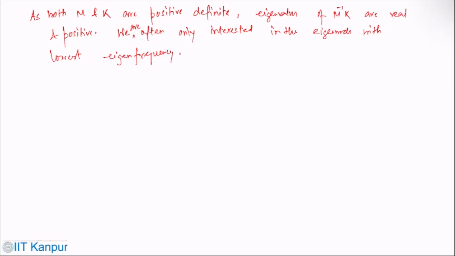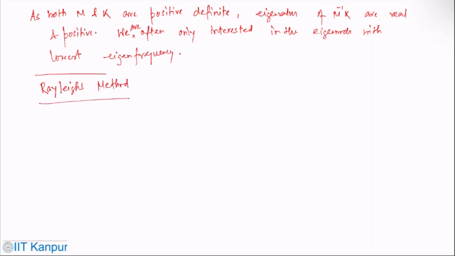The point here is that in the multiple degrees of freedom case, we are dealing with a matrix system, and from the matrix system we try to find the solution. So how do we find the solution? There is a method called the Rayleigh method. So we use that, Rayleigh's method.